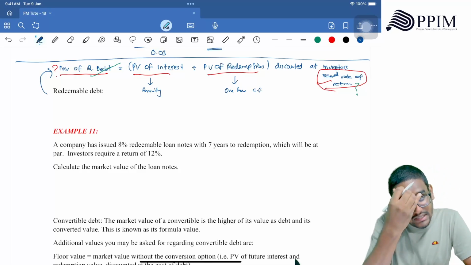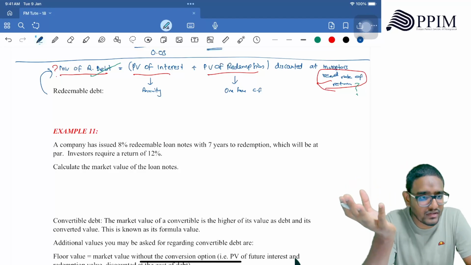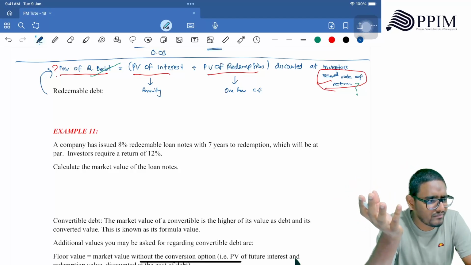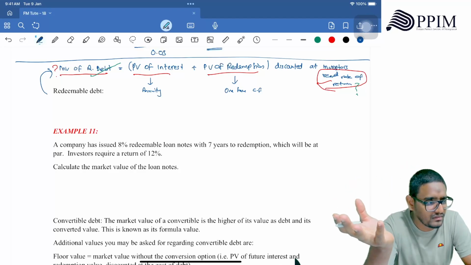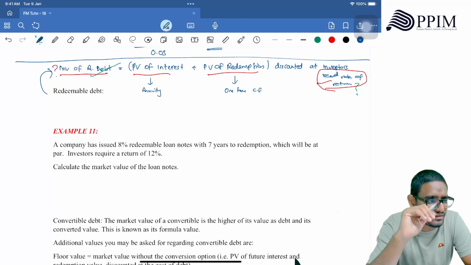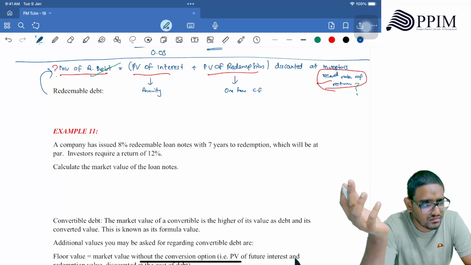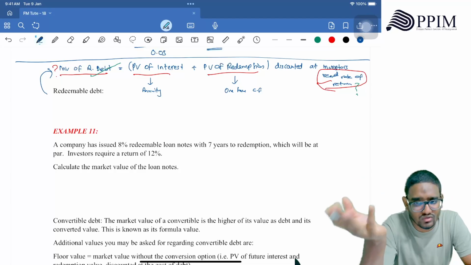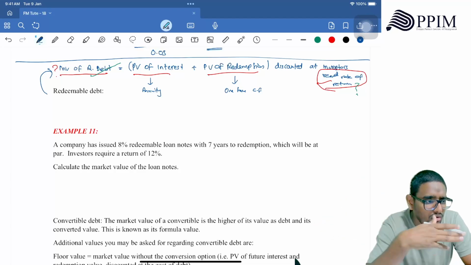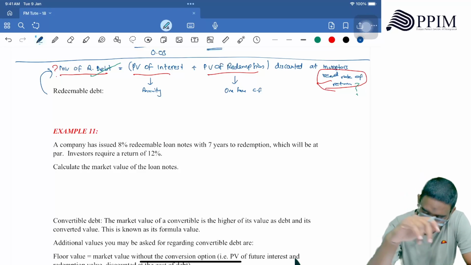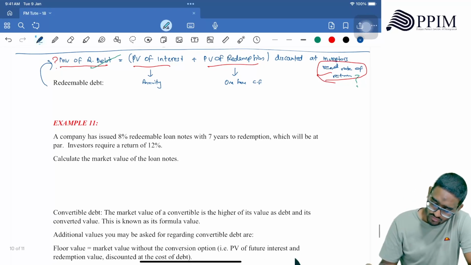So when you're dealing with annuities, you know how to calculate the annuity factor, or you can refer to your tables and apply it into this equation. Discount factor for redemption is a one-time cash flow. You can use your present value tables or a formula to figure out what that value is. Okay. So I'll leave you with example 11. Please see if you can quickly work it out.